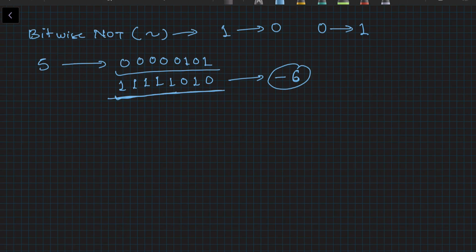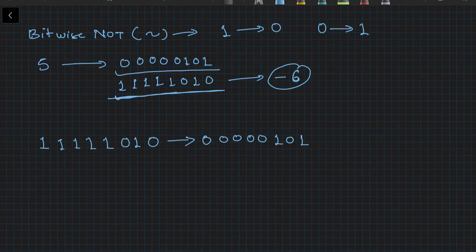So let's take this same example and understand what 2's complement is. To find the decimal value of a 2's complement negative number, we take this number as 1 1 1 1 1 0 1 0. Now perform an invert of the bits, which is basically a NOT operation on it. If you perform the NOT operation, we are going to get this value.